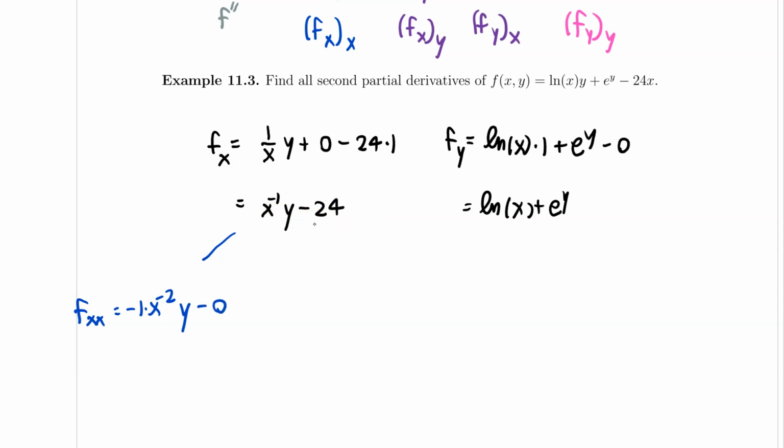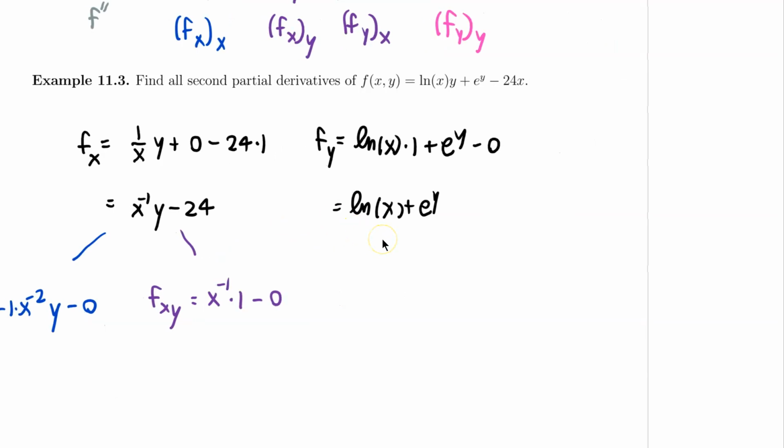Or I could take the derivative of this with respect to y and get f xy. Now if I take the derivative with respect to y, x inverse here would just stay there because it's just a number, the derivative of y is just 1, and this 24 is a number, so it's gone. Or I could take the derivative of this with respect to x, so I get f yx.